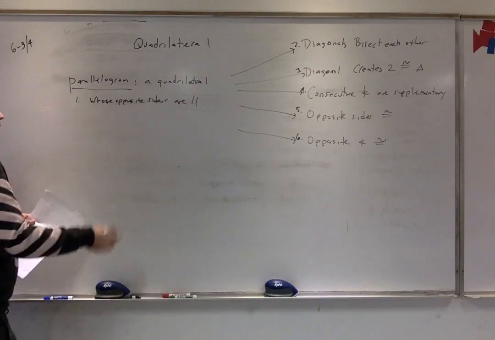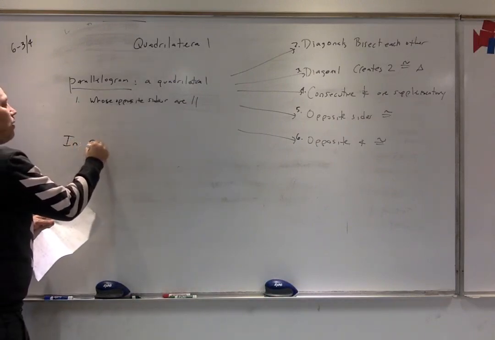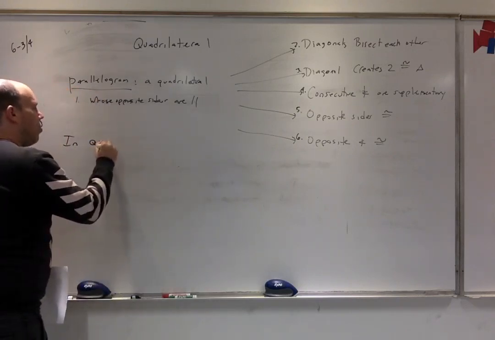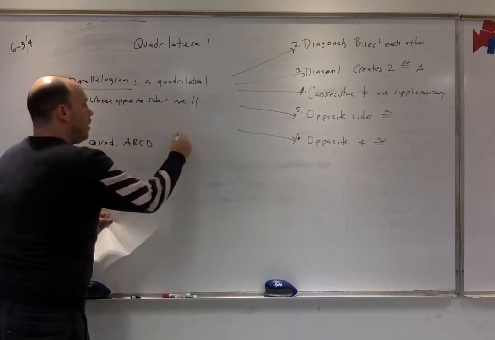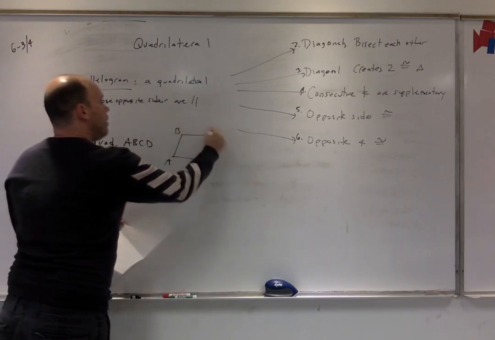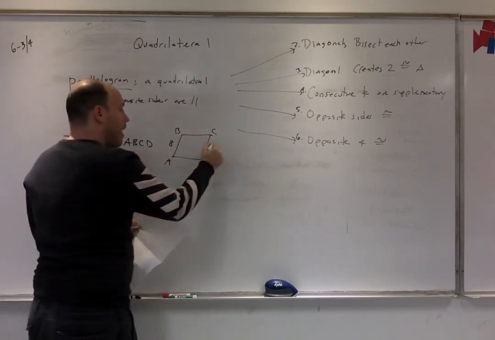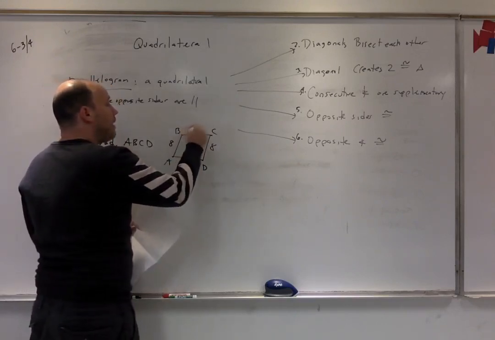So, let's see. In quadrilateral ABCD, let's draw the picture. I tell you that AB is 8, and CD is 8, and AD is 15, and BC is 15.